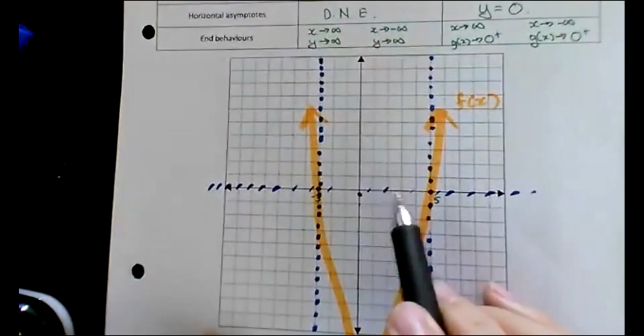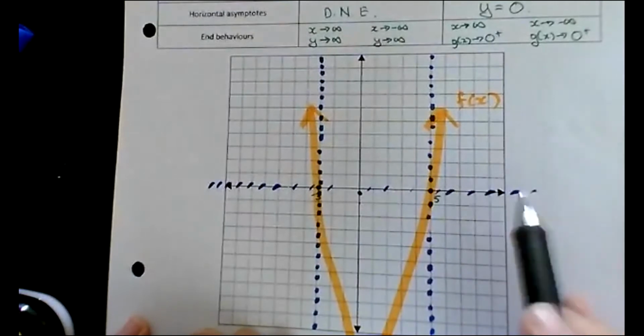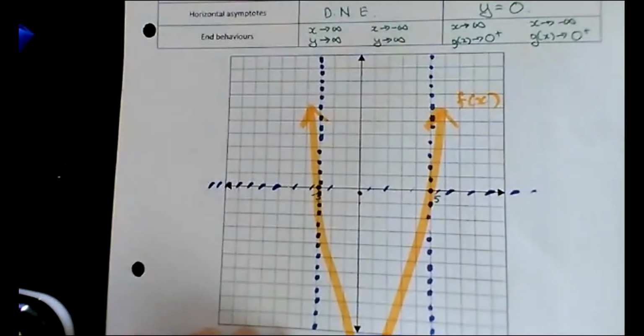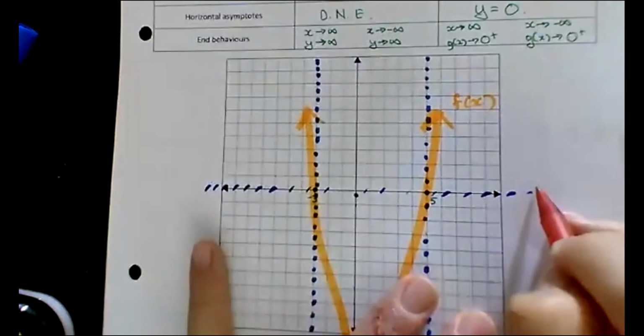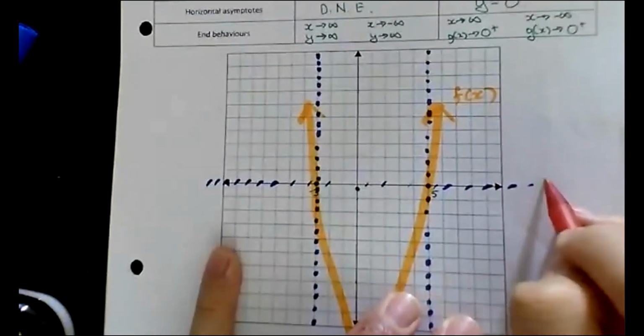Next, the end behavior. As x approaches infinity, I'm on the positive side of this axis. Does anyone have a highlighter that's not blue or orange or yellow? Okay, I'll use red then. If you don't have a highlighter, it just doesn't show up very well.